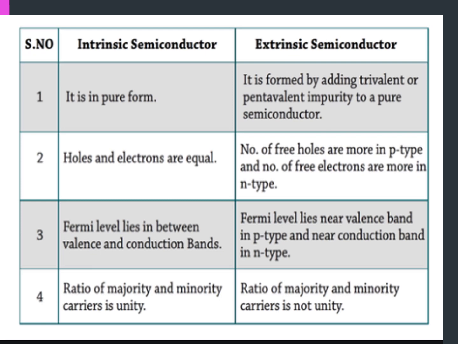They will never be equal. One will be in a larger amount and the other in a lesser amount. In an intrinsic semiconductor, there is actually no majority or minority, because the number of electrons is equal to the number of holes. So here you can say the ratio of electrons and holes is equal to 1.